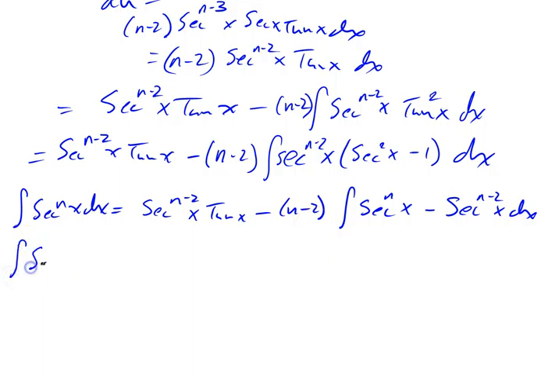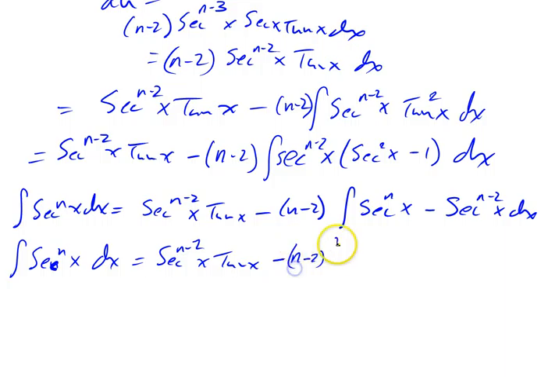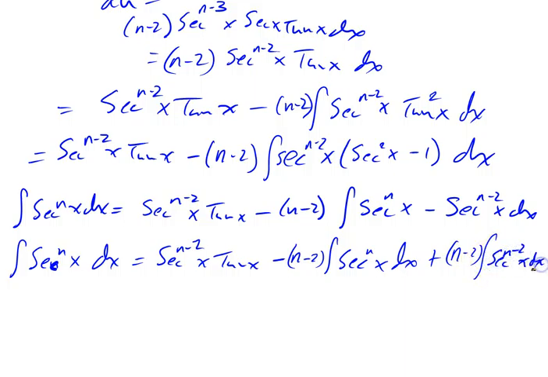So let's take two steps here. I've got the integral of secant to the n x dx equals secant to the n minus 2 x tan x, minus n minus 2 times the integral of secant to the n x dx, plus n minus 2 times the integral of secant to the n minus 2 x dx.